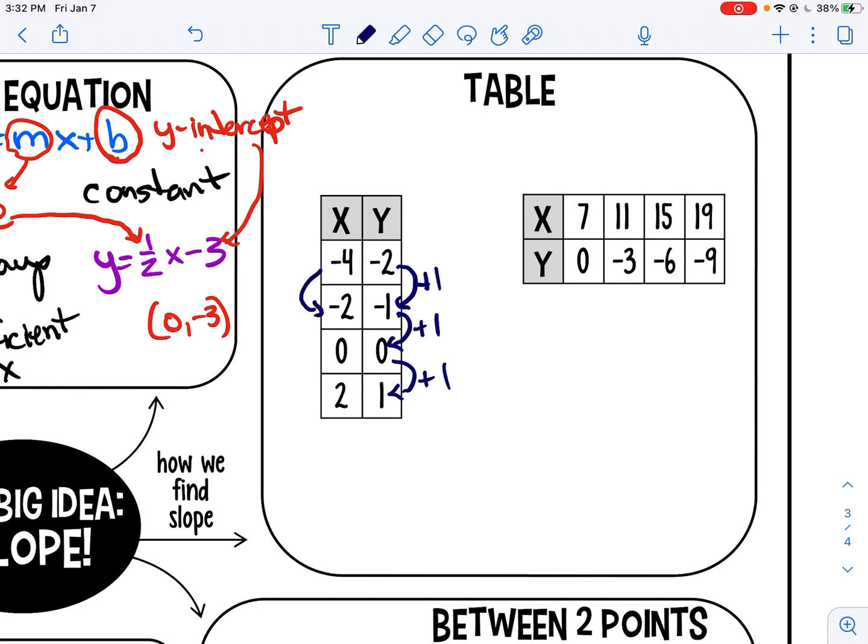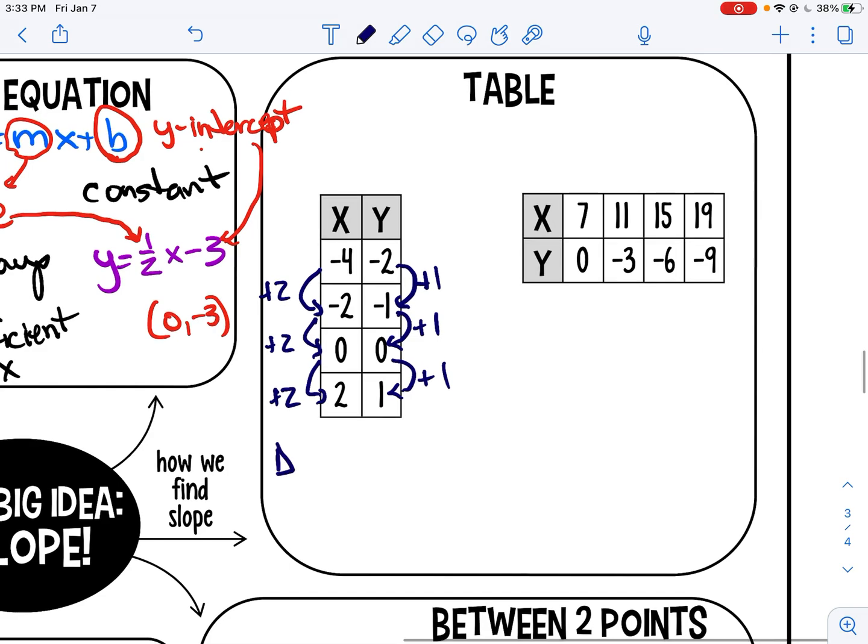Over here, it's going up 2, and up 2. Remember, they have to go the same direction. So we'll do the change in y over the change in x. So the change in y is 1. The change in x is 2.